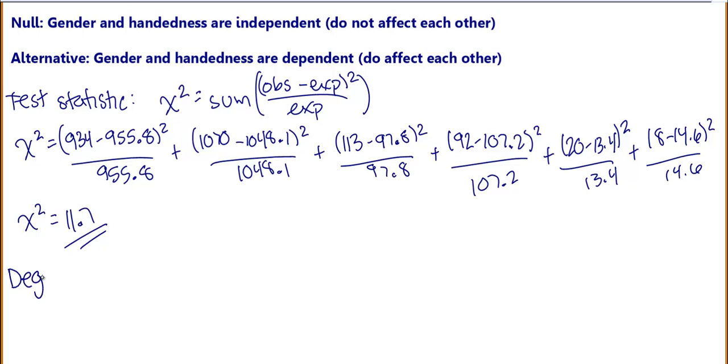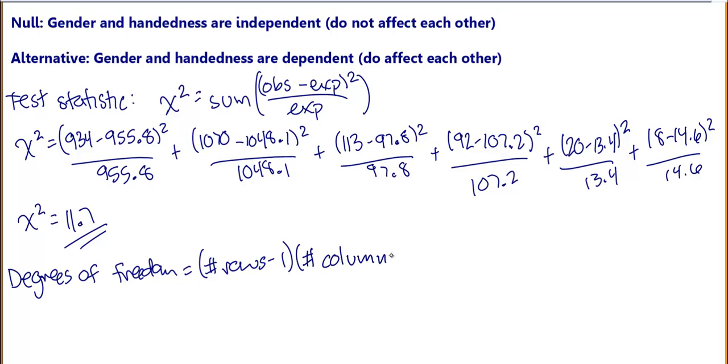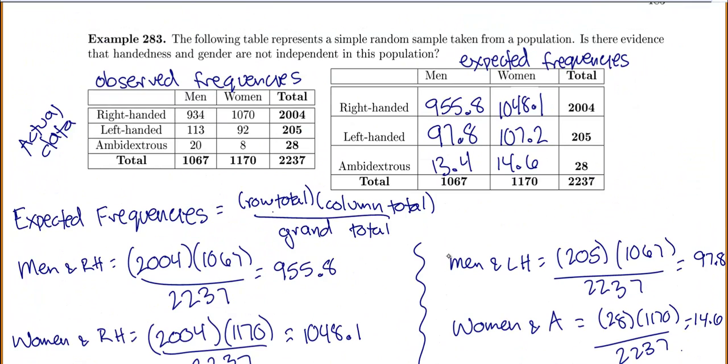Now find your degrees of freedom. Degrees of freedom are equal to your number of rows minus 1 times number of columns minus 1. So come back up. Remember, we don't count the headings, we don't count the totals.